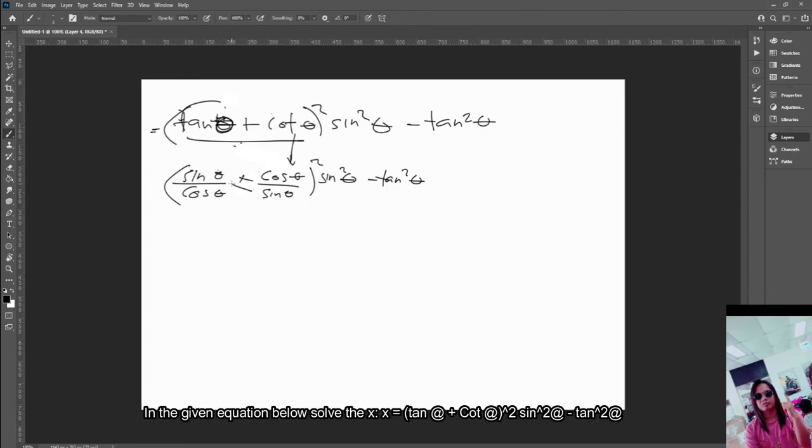Then we can cross multiply this. This is going to be sine squared theta plus cosine squared theta, and then cosine theta, and let's write down first the sine theta cosine theta.